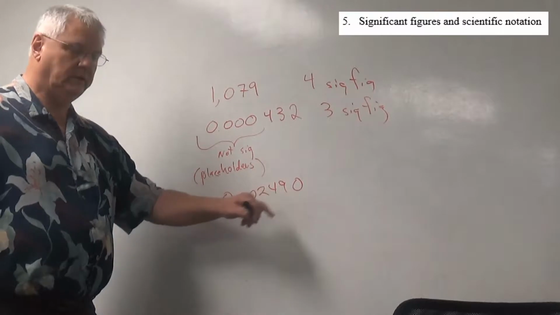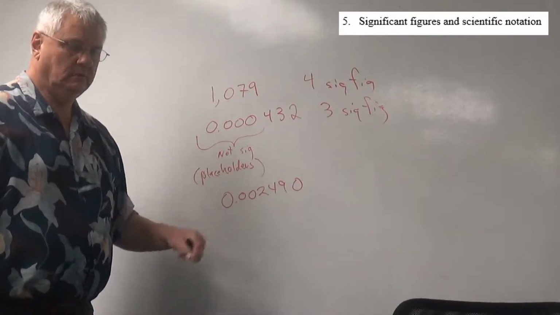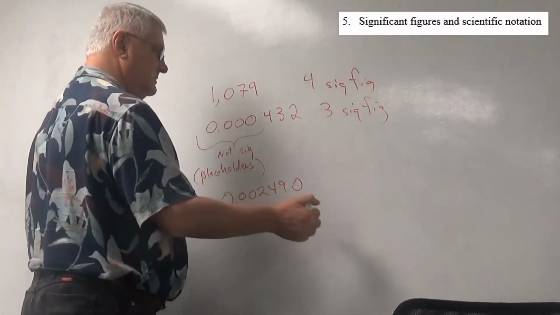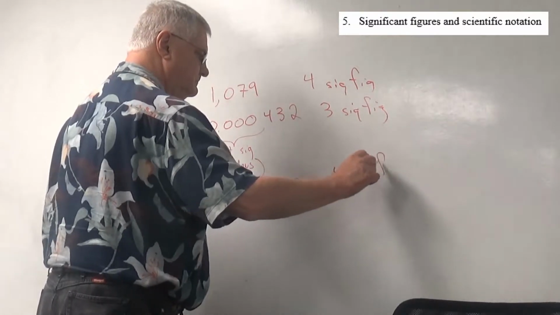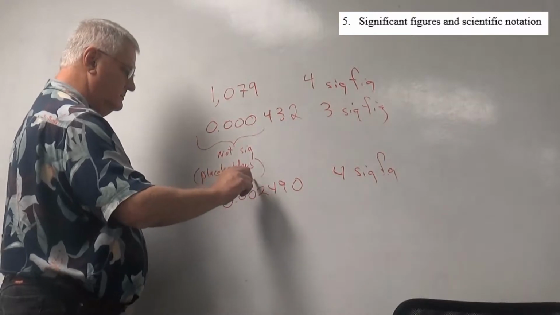It wouldn't have been written if it wasn't part of the measurement. There'd be no need to write it. But these are still placeholders. So this measurement has 4 significant figures. And these, again, are placeholders.